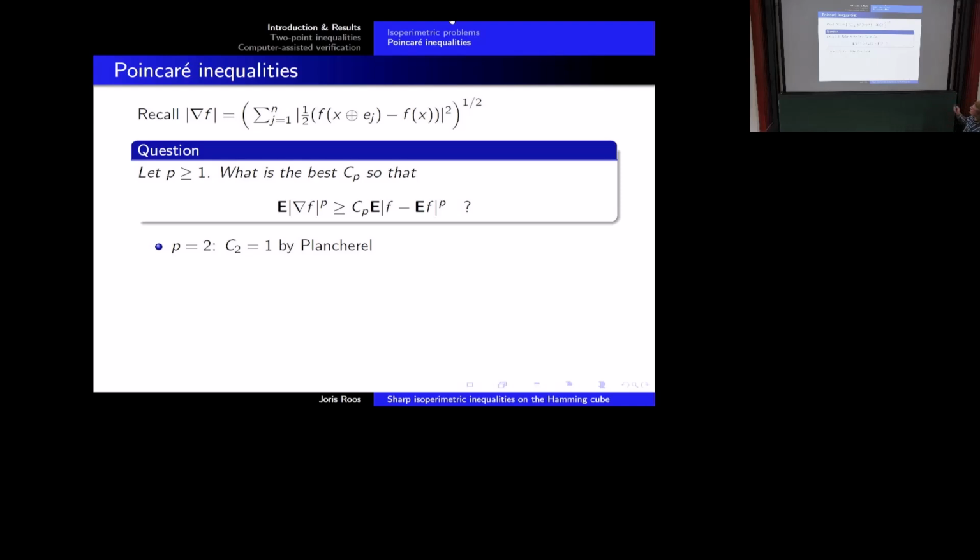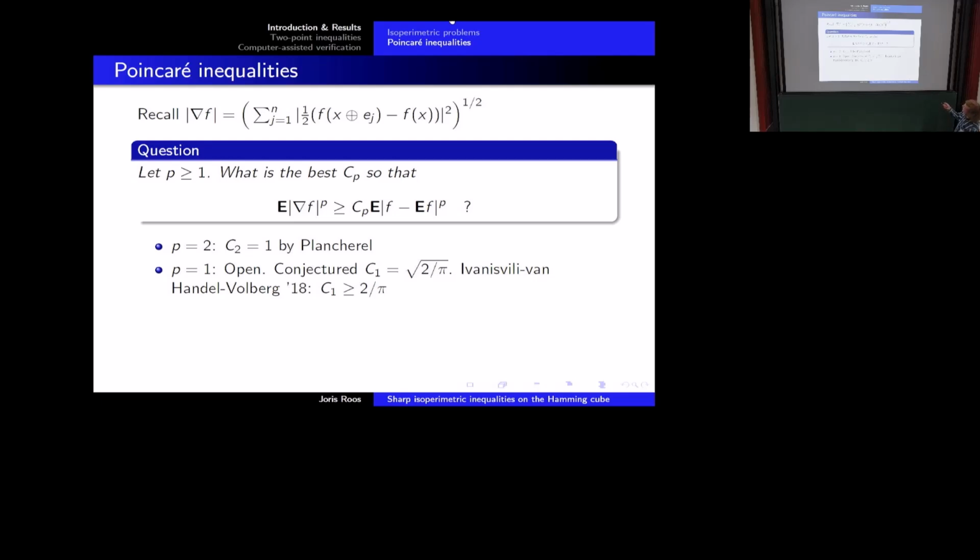I'm only mentioning this because this is the question that Pata originally asked us. This is where we started working on this. We can also say something about this question, essentially because Poincaré inequalities are basically like isoperimetric inequalities.